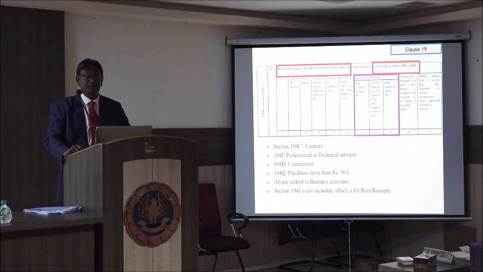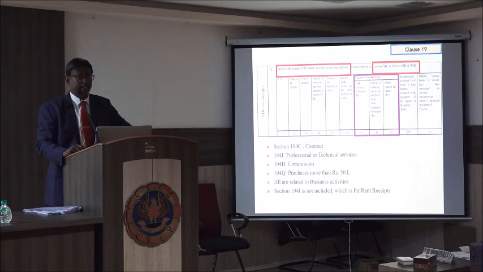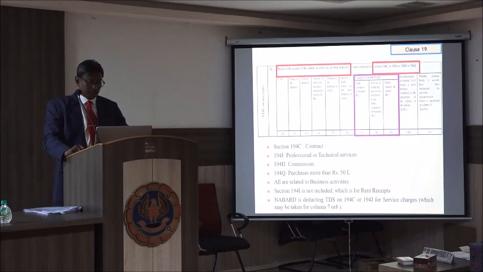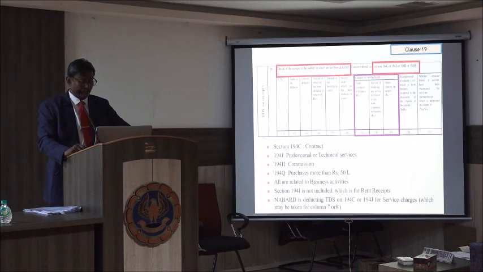Now section 194I, as Anna said, and 194A, all of these he has purposefully not covered. So he is using this TDS reporting clause 19 to assess whatever you have received. As I mentioned, NABARD is deducting under section 194C and 194J.